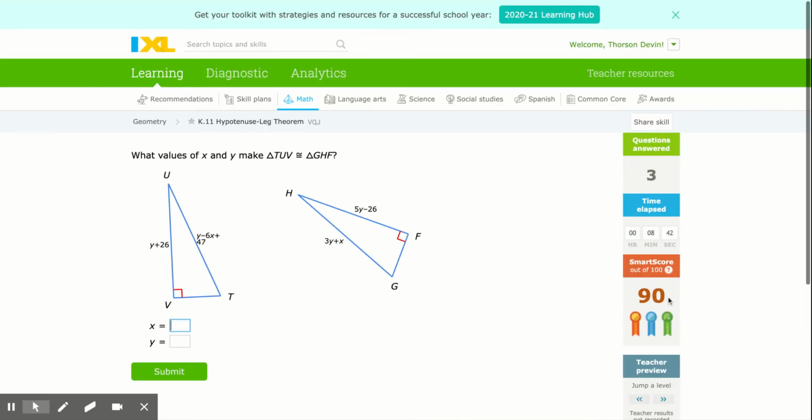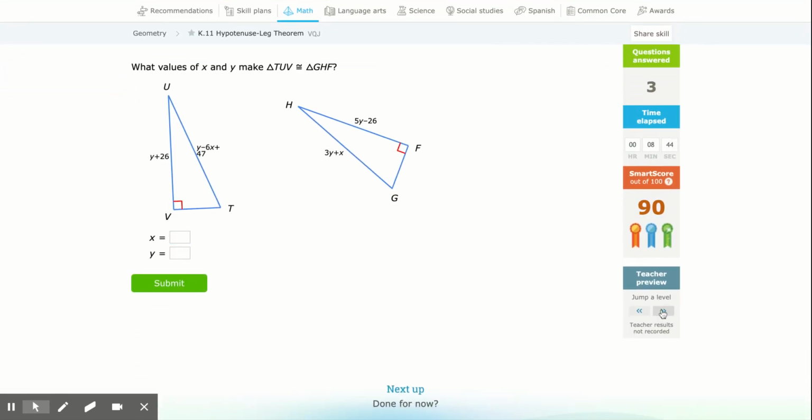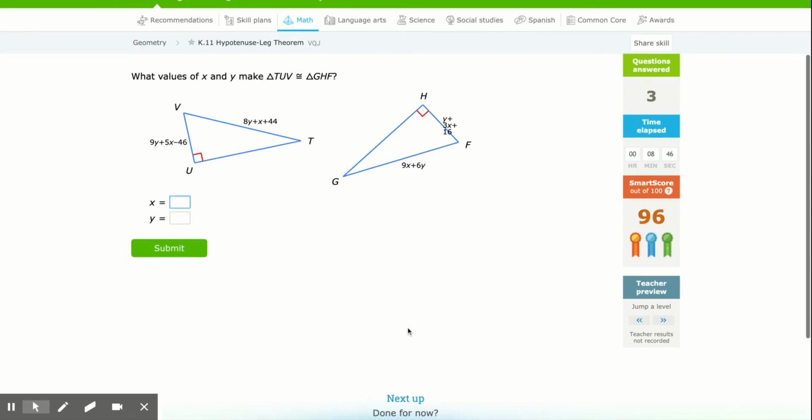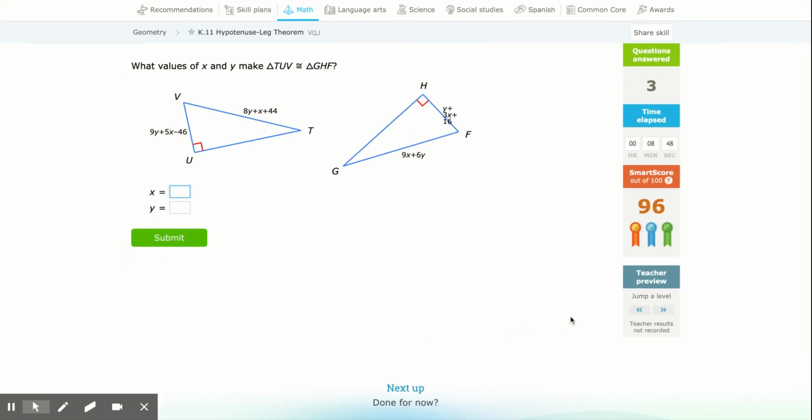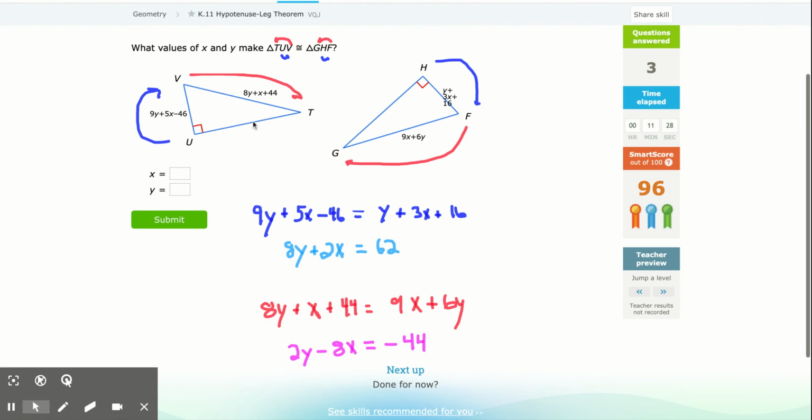Now, the hardest ones you're going to get are going to have to use systems of equations. So yes, like this one here. And what I mean by systems is I'm going to set the two sides equal to each other, and you'll see what I mean. So what I've done is I've taken the side UV that's equal to the side HF, and I set them equal.